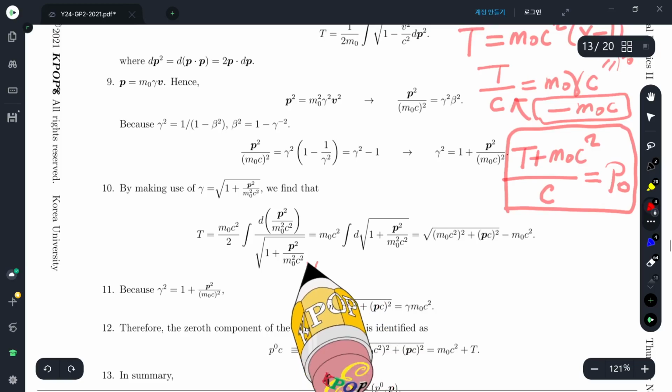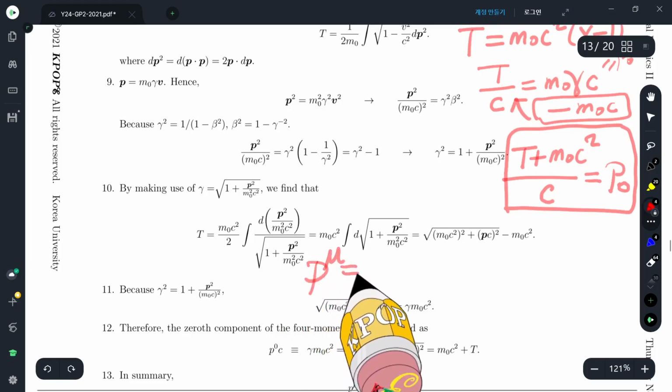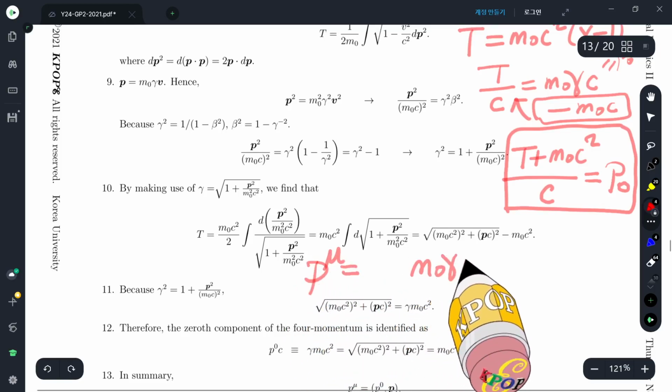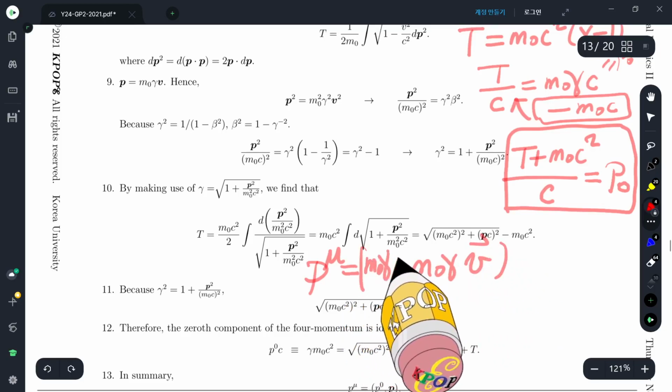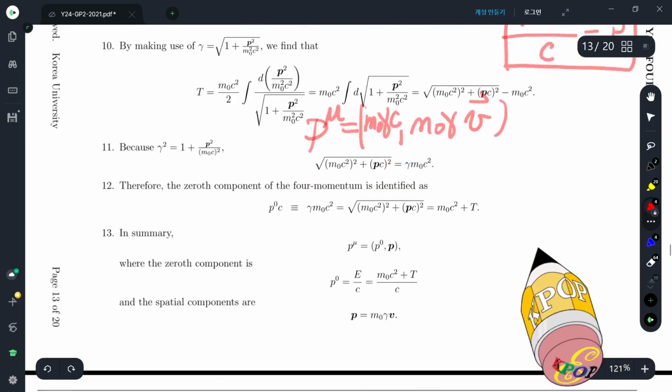Okay, we have a 4-momentum P mu that is m0 gamma v for the spatial component and m0 gamma c for the time component.